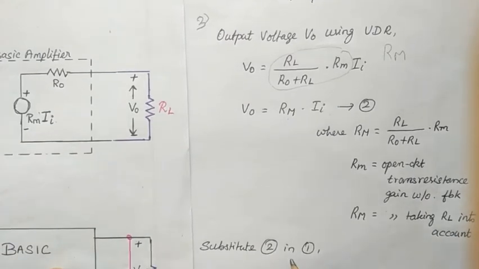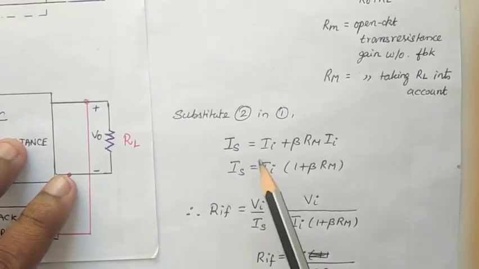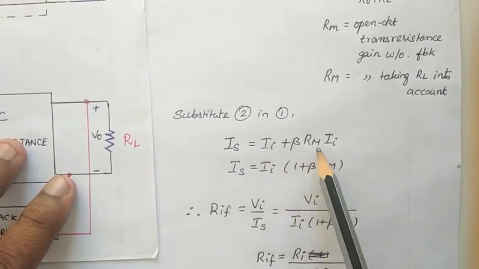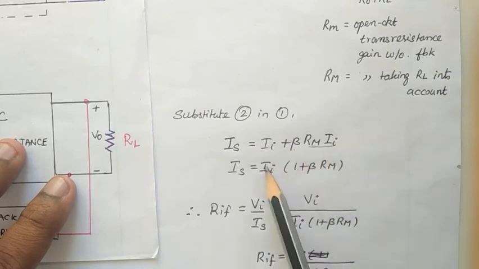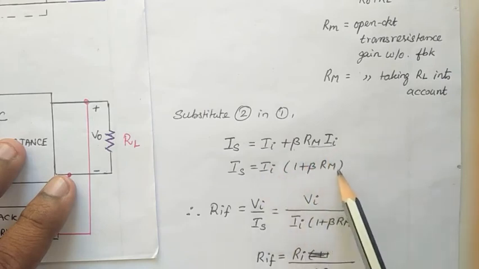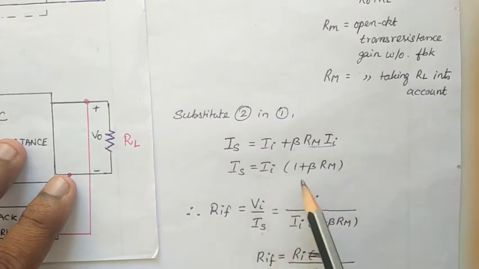Now we substitute the second equation in the first equation, so that I get IS is equal to II plus beta into V0, where V0 is substituted by RM into II. Taking the common factor II outside, I get 1 plus beta RM. So finally RIF is equal to VI by IS. Instead of IS we use this expression, hence I get VI by II into 1 plus beta RM.